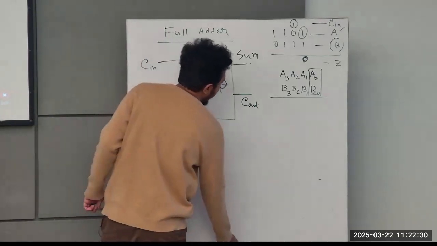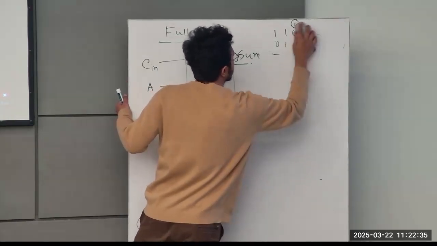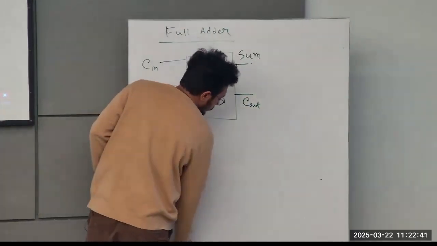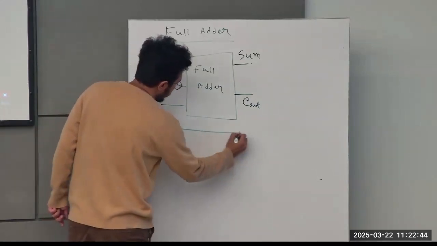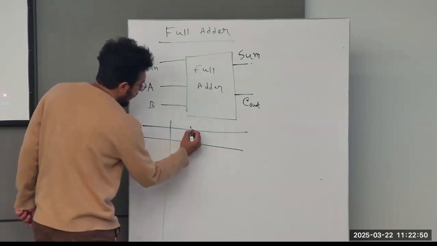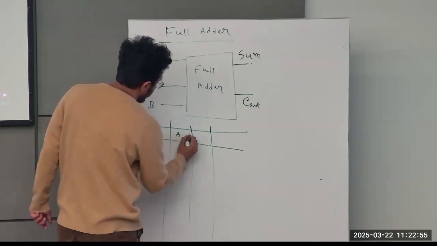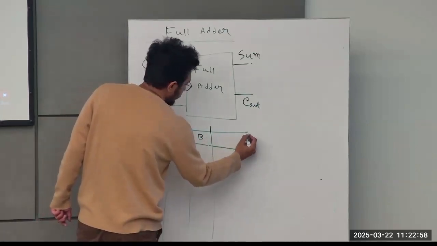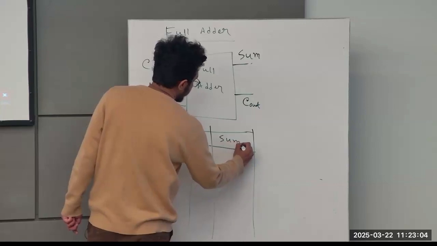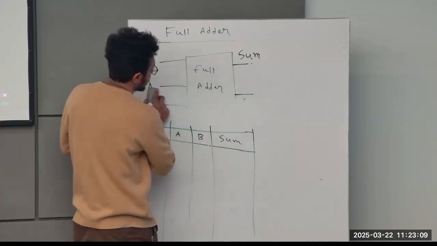So let's go ahead and draw the truth table for here. So I think I can erase this block for now.